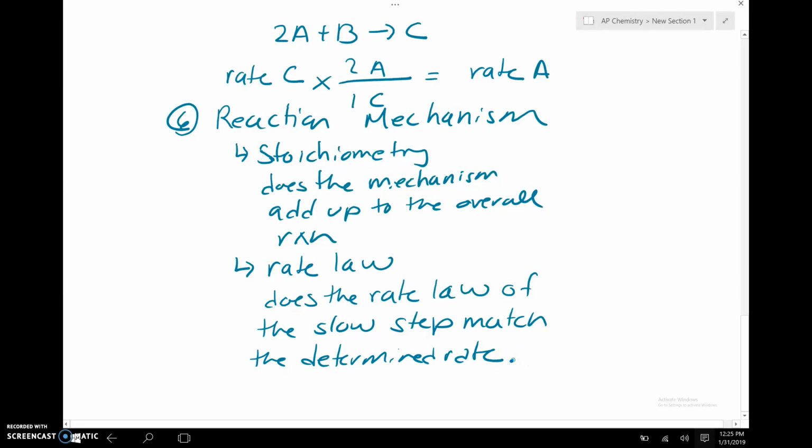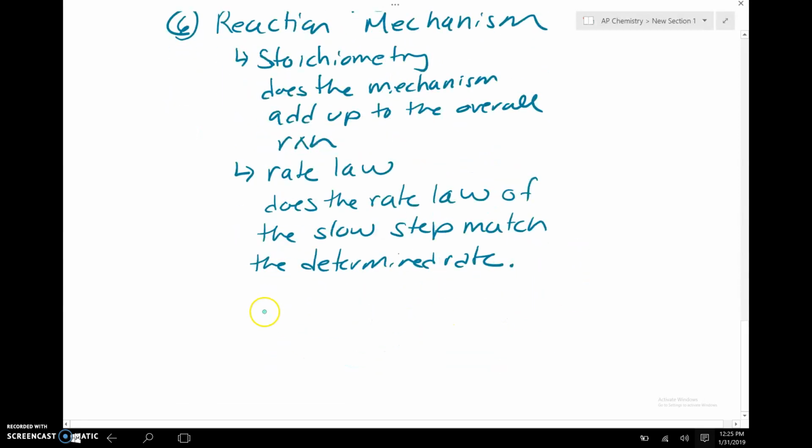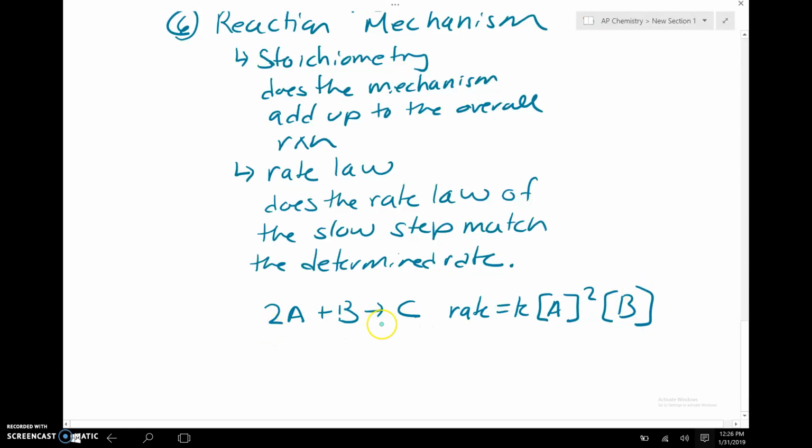Remember that when you write the rate law of the slow step, you just use the molecularity. So if you have a reaction like 2A plus B yields C as an elementary step in a mechanism, then the rate would be K times the concentration of A squared times B. I'm not assuming this is my overall reaction.